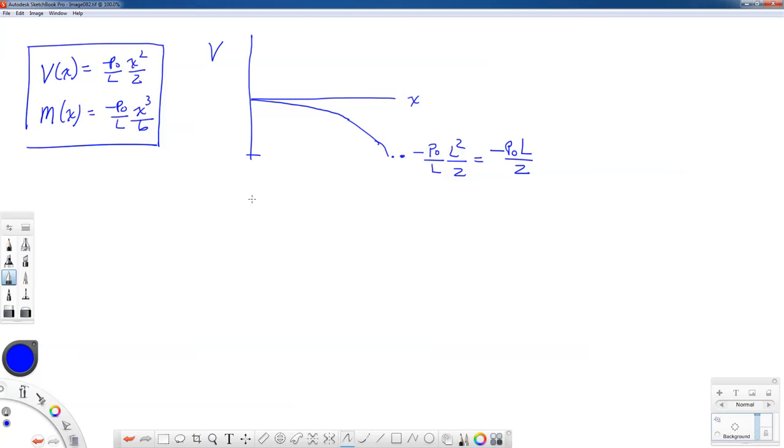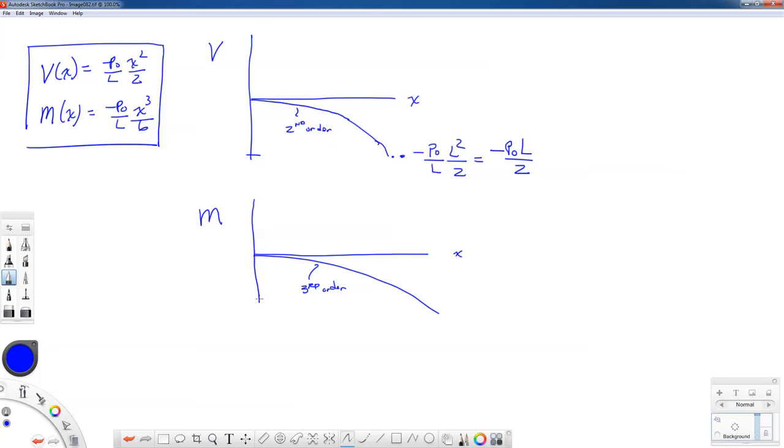If I were to plot my moment equation, it's a cubic equation in x. Maybe it does something like that. And my quadratics and cubics look pretty similar, so I'm just going to make a little note. This is a third order equation, and this is a second order equation.